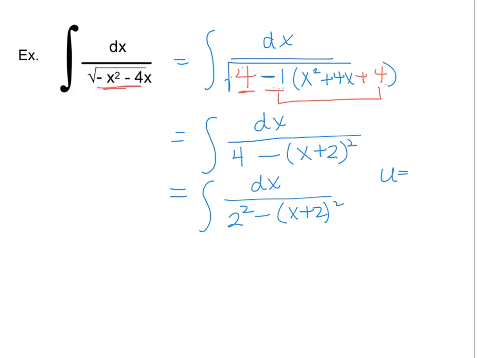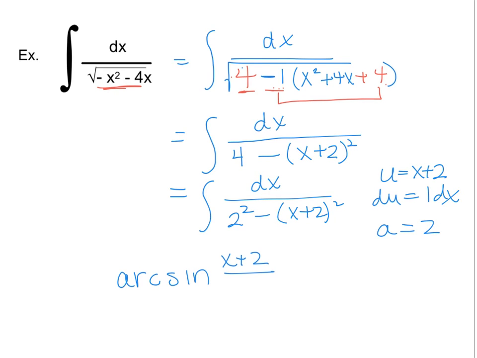That would mean that u is x plus 2, du is 1 dx, the du is satisfied, a is 2, and then this would be arc sine. So this will be arc sine of u over a plus c.